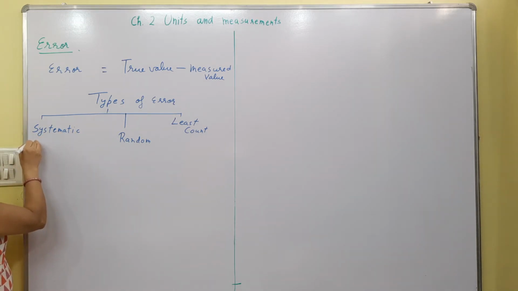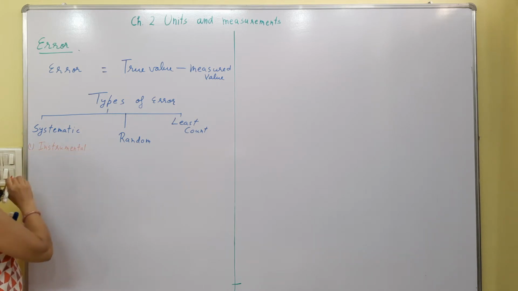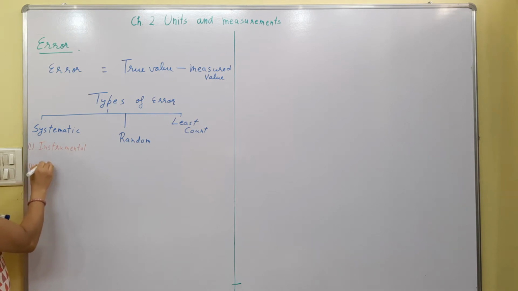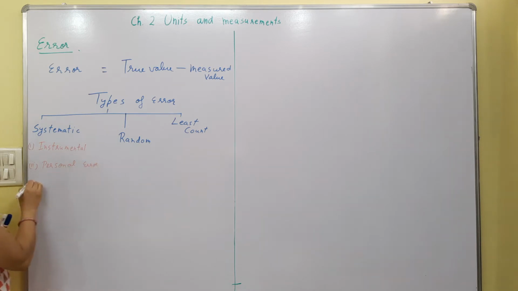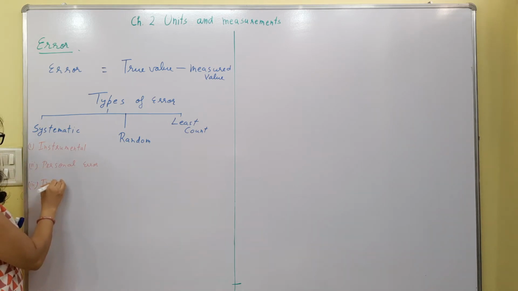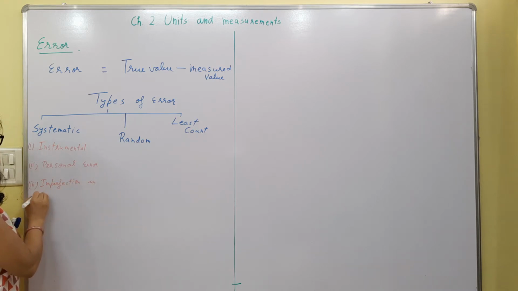Systematic error may be further divided into instrumental error, then personal error, and the third one in this category is imperfection in the experimental technique.